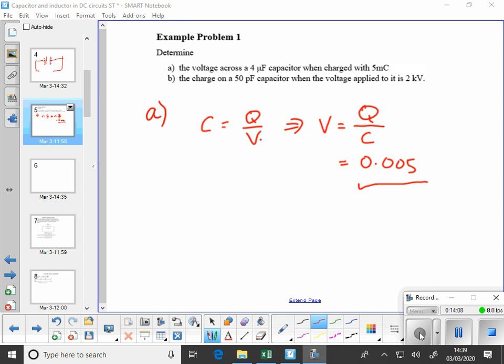Divide that by 4 microfarads, 4 times 10 to the minus 6. 1250 volts. Alright.